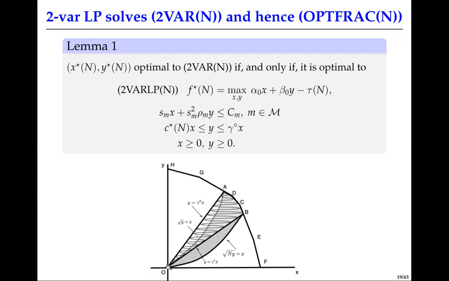In particular, those inequality constraints which said that x had to be in between square root of n y and square root of y are being replaced by basically linear ones. So these two lines simply say that y has to be bigger than c star n x and y has to be smaller than gamma 0 x. And that's these two lines.